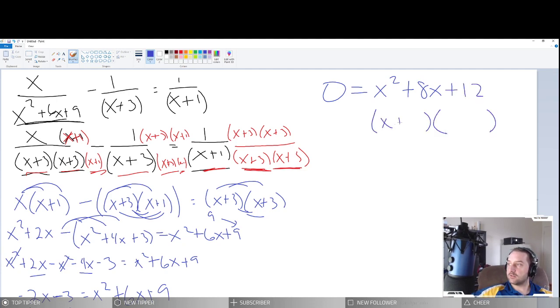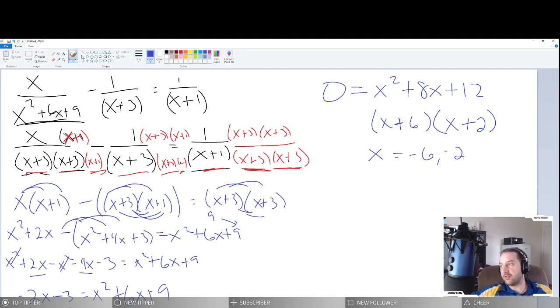This factors. And so x does not equal negative 6. Oh, sorry, my brain was on the whole vertical asymptote there. So x is going to equal negative 6 and negative 2.